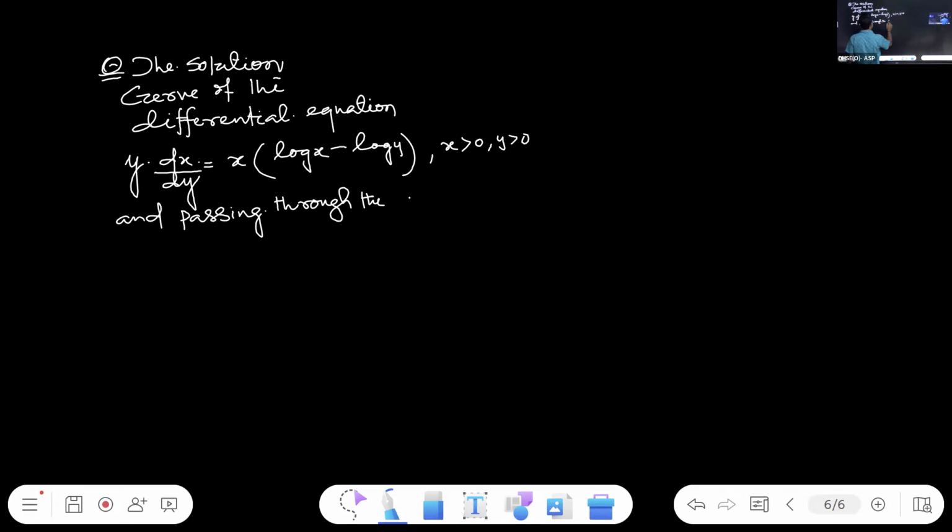This is the question. I hope you can solve this. If you understand the last two questions correctly, then you can solve this one. Take 2 minutes of time and solve it.